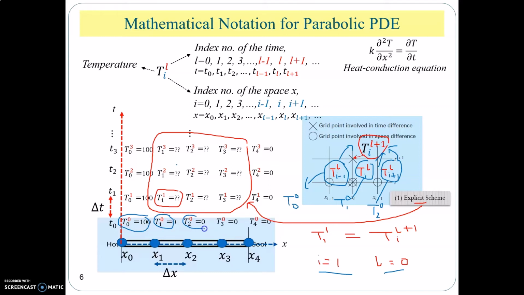By using the explicit scheme, we can find the temperature at T_1^1 here by using these 3 pieces of information. By using the same method, let's say you want to find the temperature at T_2^1 here, then you need these 3 pieces of information. So if you continue to find the temperature at T_3^1 here, you need these 3 pieces of information.